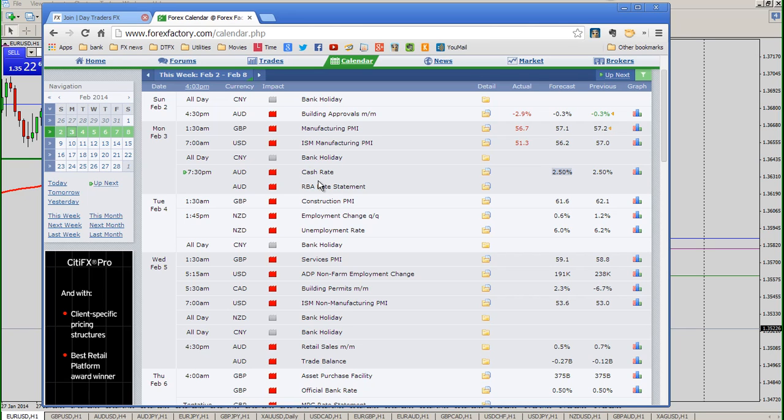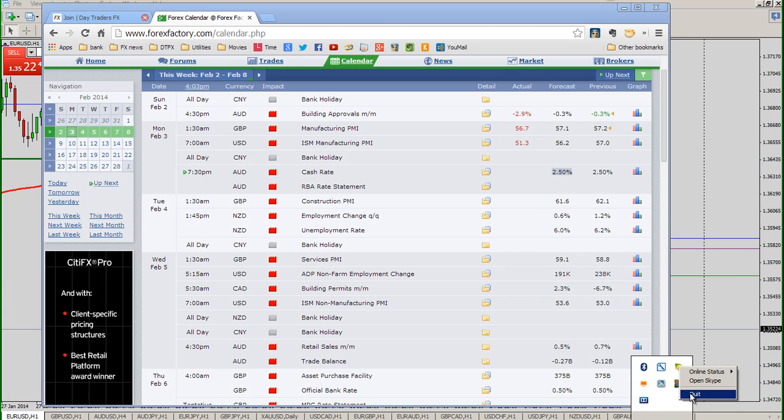I'm not necessarily going to be live in the chat, but I'll be trying to watch things as best I can and keeping an eye on all of that. We'll talk about some of the Aussie pairs and some of the setups that I'm interested in there, but keep in mind that in the next few hours, we have that Aussie interest rate announcement. I will be taking zero Aussie trades before that news is released. So we want to make sure that news comes out first, and then we try to get into stuff later on.